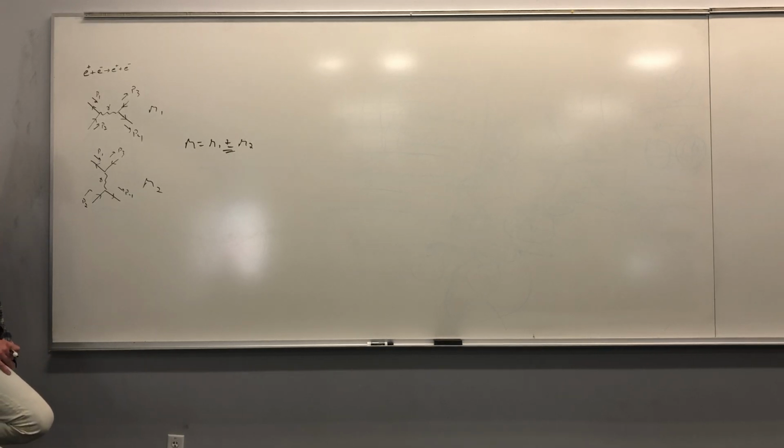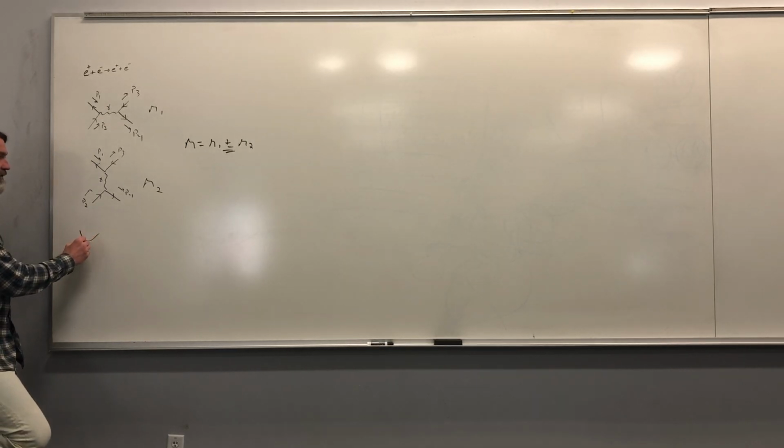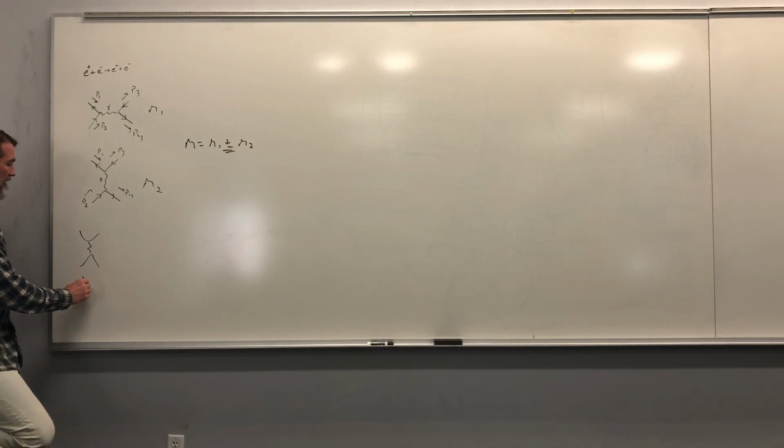No. So you're going back to the right idea. So one of the ideas that we did at our very last demonstration in class was we had a diagram that looked like this. And then we considered this diagram where we took this one and we jumped down.